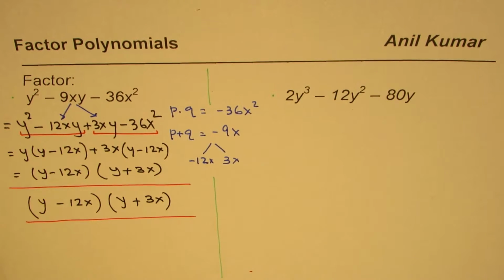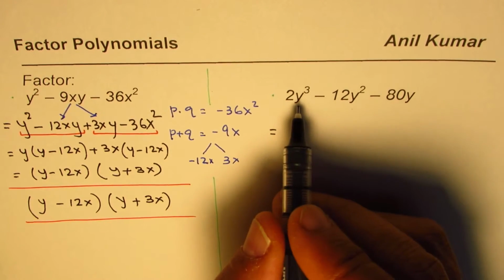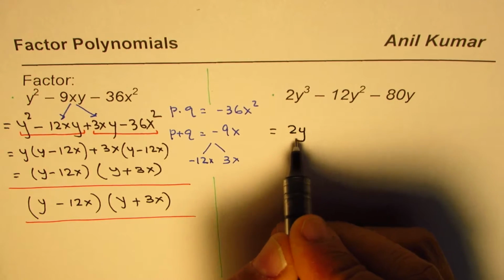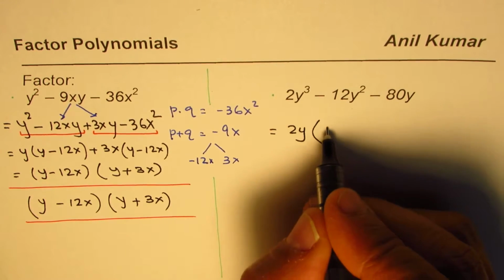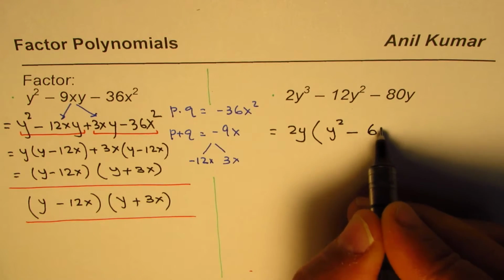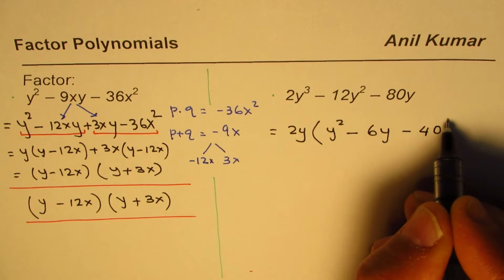So that leads us with a quadratic equation once again with one leading coefficient, right? So let's factor 2y. So that is first level. Then we are left with y square minus 12 divided by 2 is 6y. 80 is 40, right? So 40y.